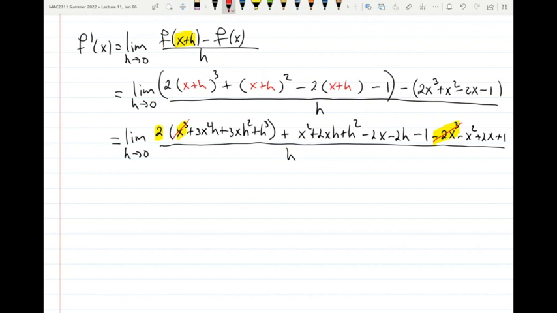I see a negative 1 over there, so this negative 1 goes with this positive 1. There is an x squared here and a negative x squared over there. The 2x: there is a negative 2x over here, going with this positive 2x. All of that cancels.